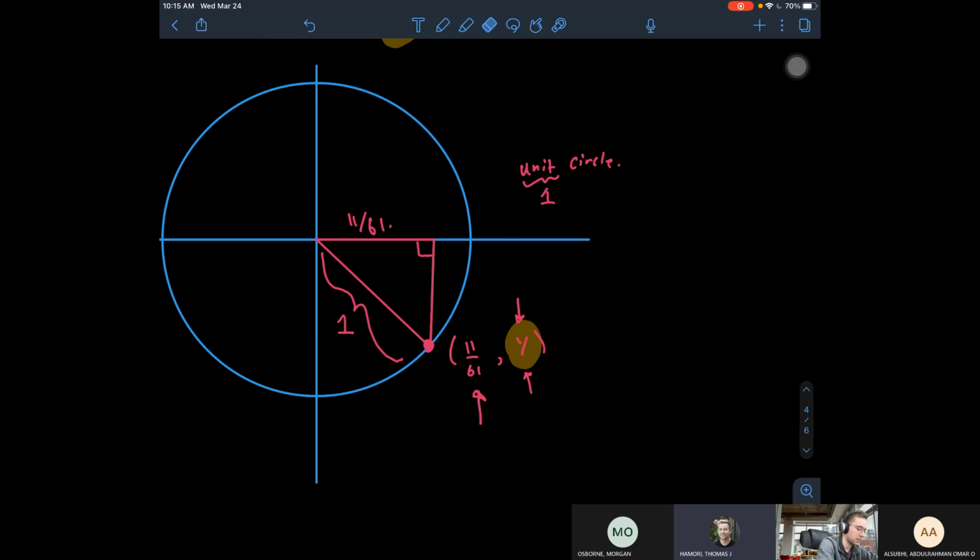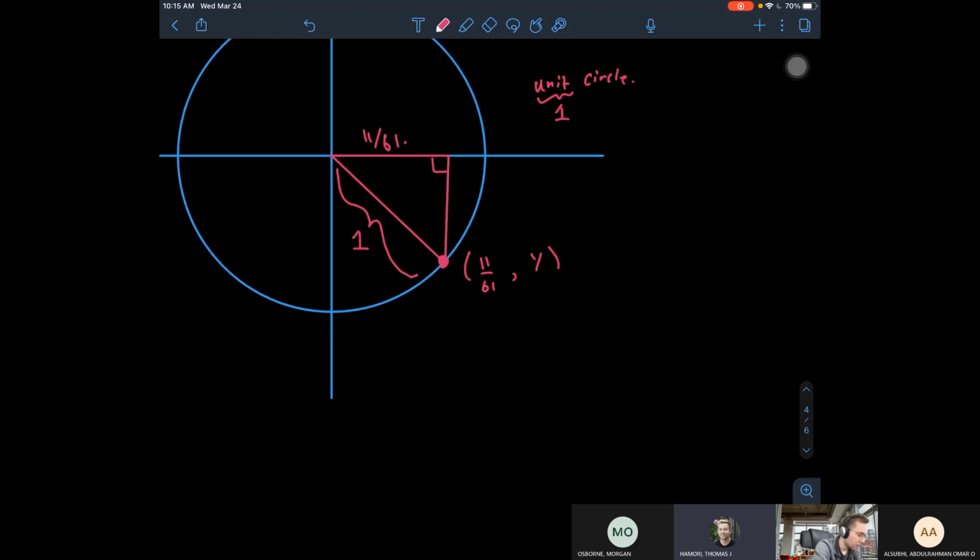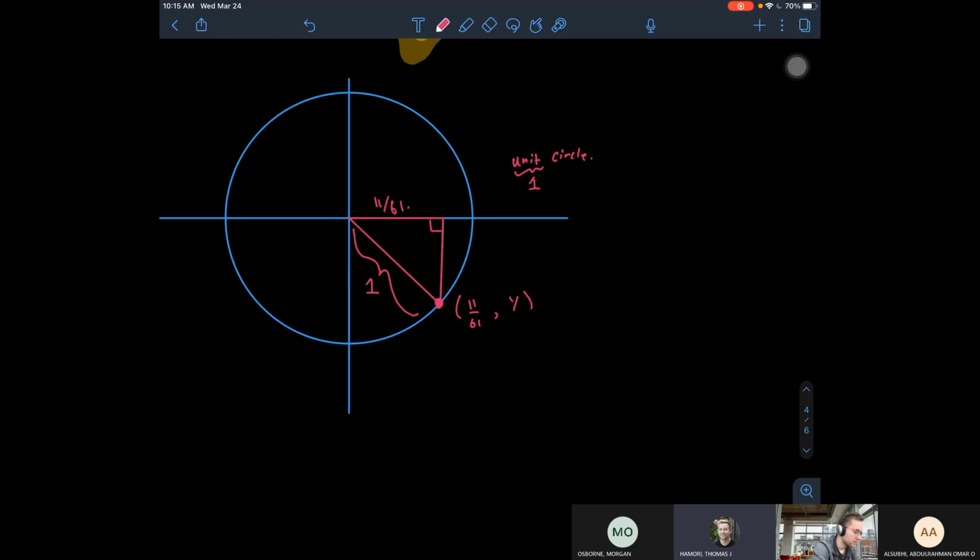And my question to you is, if I know that this side has length 1 and that this side has length 11 over 61, is there a way that I can figure out what the other side is? Isn't that the... No, it's not the square root. You're right to be thinking about squares and square roots.